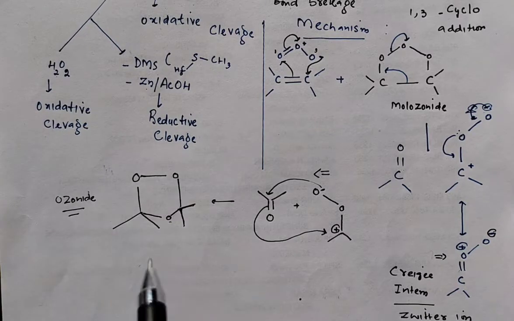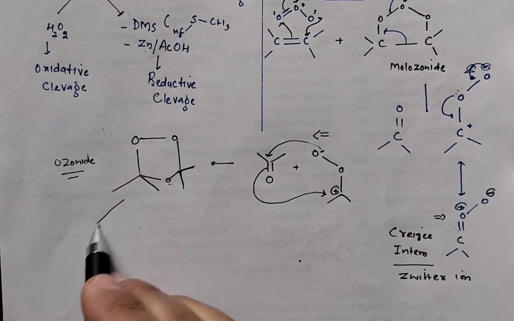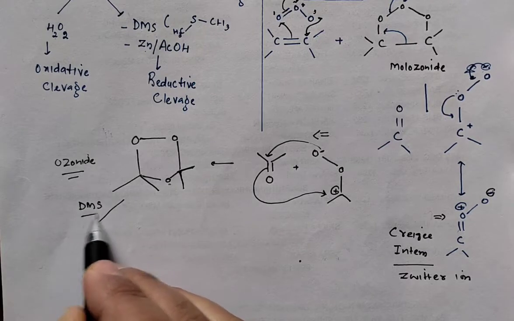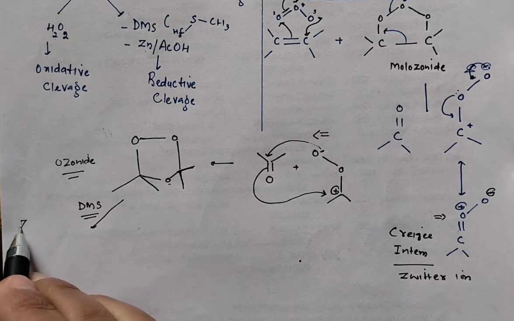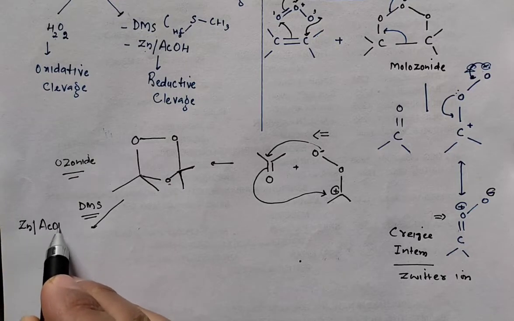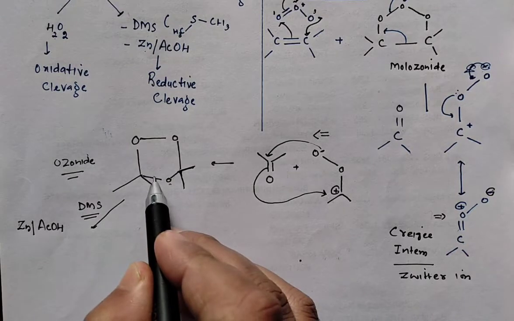Now after this, cleavage happens. For example, if you used the reagent dimethyl sulfide, or if you used zinc in the presence of acetic acid. Okay. So how the cleavage happens is you can do it like this.